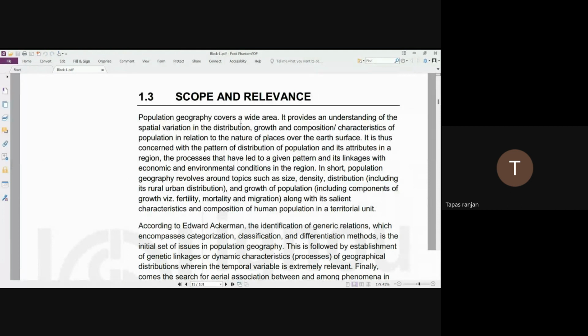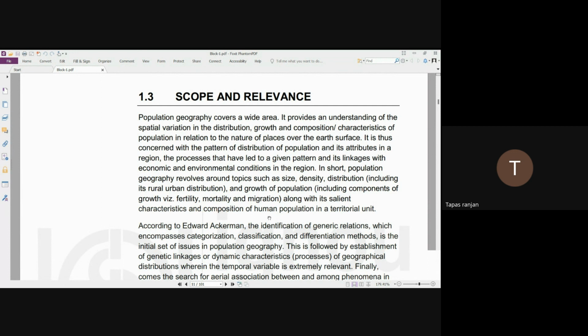Okay, so then scope and relevance of population geography. What are the different scopes revolving around population geography, and how relevant is it to the contemporary world? So this is the main point here. Why does population geography become important, or why is it relevant to the contemporary world? Because if you don't understand population dynamics, first of all, you will not understand the quality of life, and population policies cannot be made.